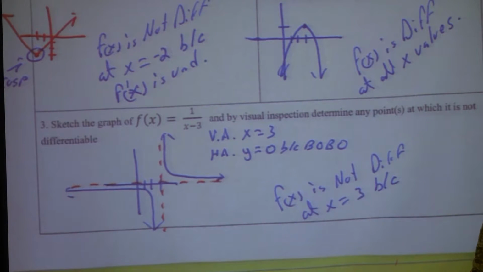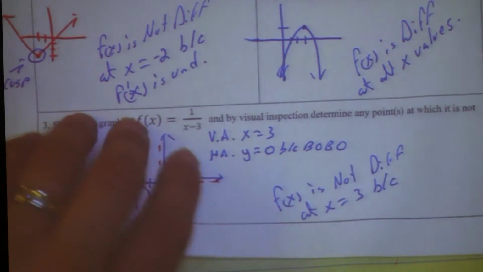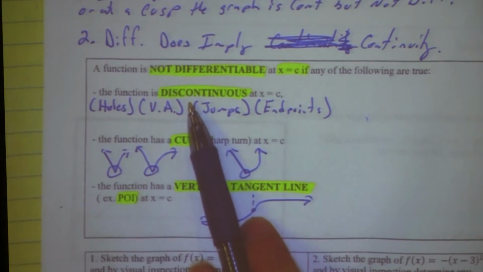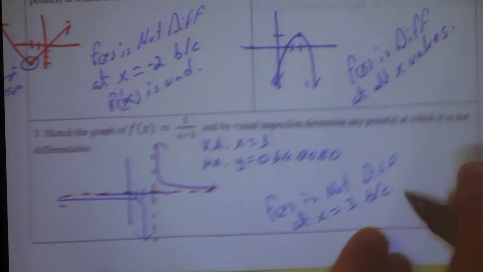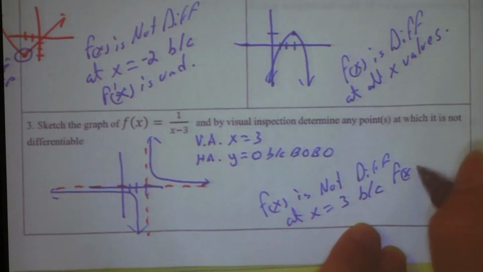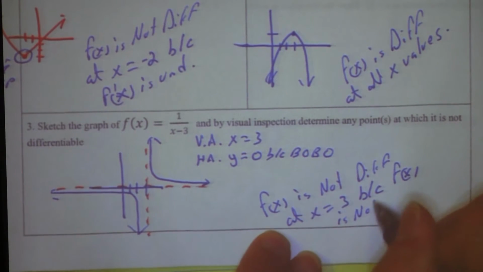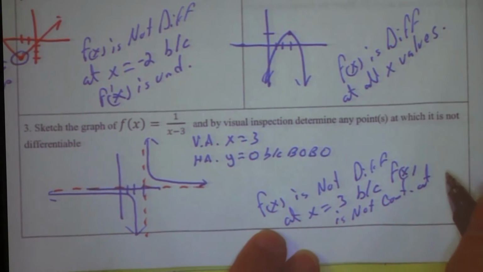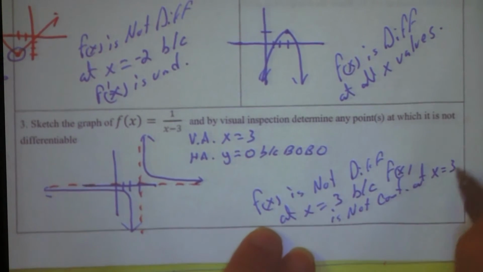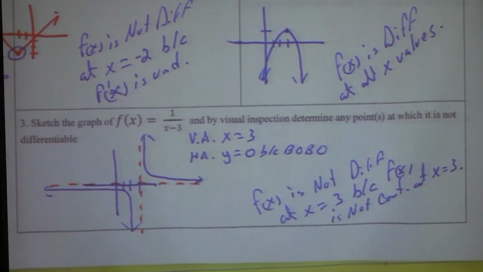Because f prime of x is undefined? Nope. Because there's a vertical asymptote, so what does that mean? It's not continuous, right? That was one of the 3 things, right? Yeah. Okay? So here we would say it's not differentiable at x equals 3 because f of x is not continuous at x equals 3. Do you understand?